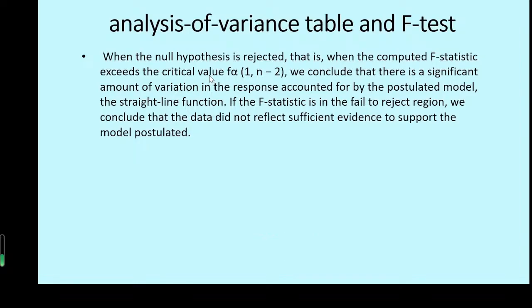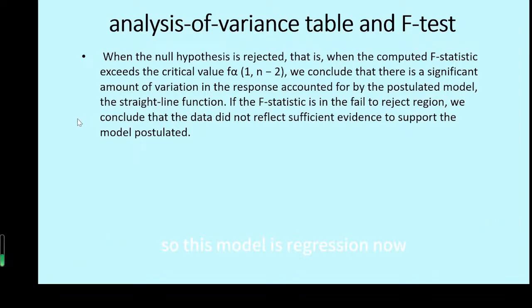If this computed F statistic exceeds the critical value in the F distribution's density curve with 1 and n minus 2 degrees of freedom, then we will conclude that there is a significant amount of variation in the response accounted for by the postulated model.